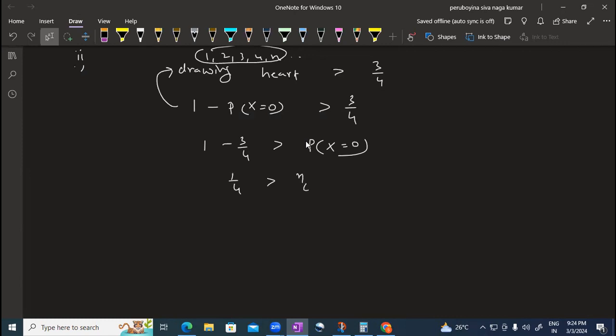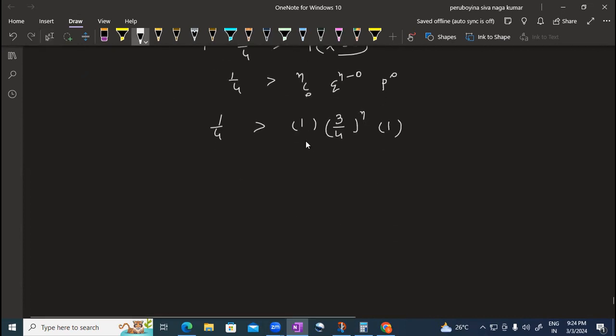Again, we are getting 1 minus 3/4, which is 1/4, is greater than P of X equal to 0, which means nC0 q^(n-0) into p^0. So 1/4 is greater than nC0, which is 1, q is (3/4)^n, p^0 is 1. So 1/4 is greater than (3/4)^n. 1/4 is 0.25, greater than 3/4 which means 0.75 whole power n.